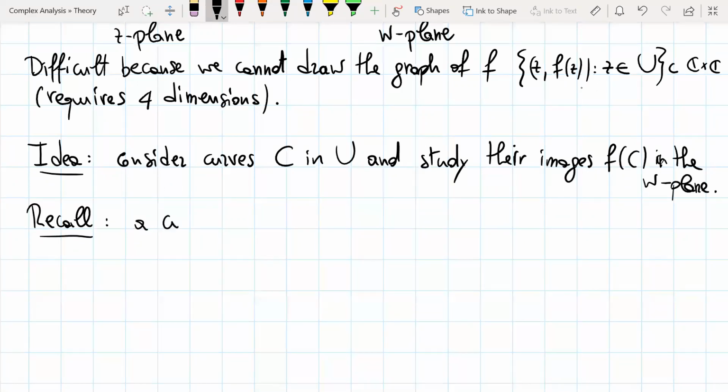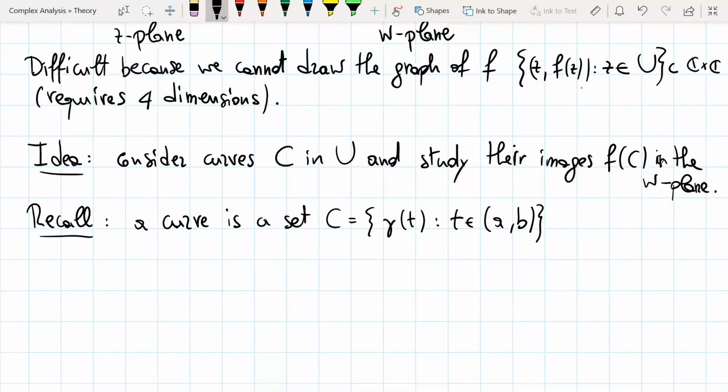A curve is a set C given by the points gamma of t, where t lives in some interval [a, b], and gamma is a function from [a, b] into U, which is differentiable in our case.